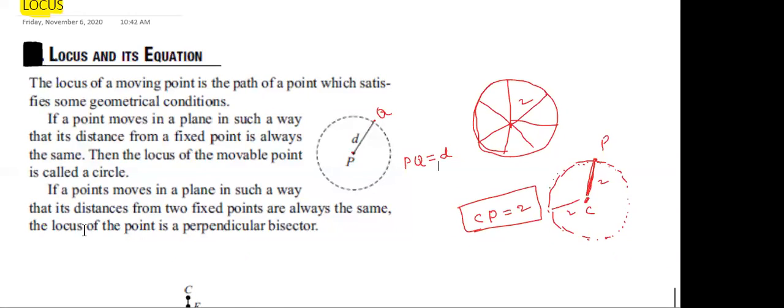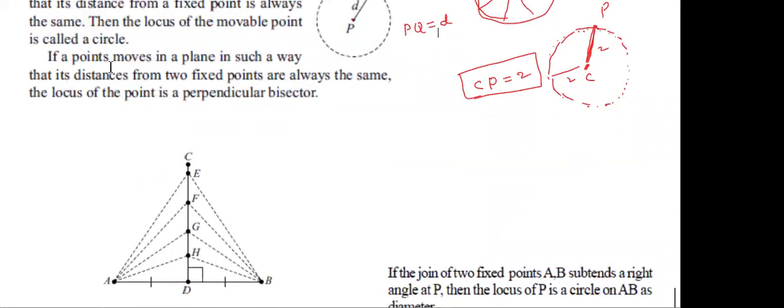Now go for another example. If a point moves in a plane in such a way that its distance from two fixed points is always the same, the locus of the point is the perpendicular bisector. See here, these are the two fixed points.